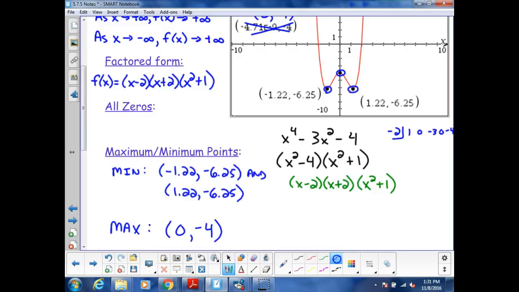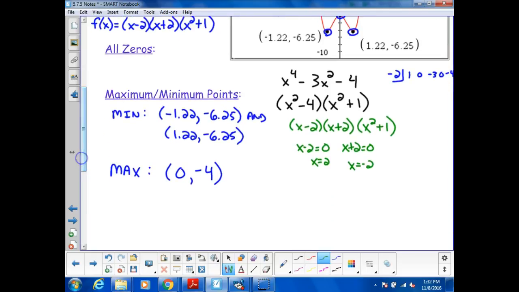Our zeros then, so we would say here x minus 2 equals 0, so x equals 2. X plus 2 equals 0, so x equals negative 2. And then we would say x squared plus 1 equals 0, so x squared equals negative 1.